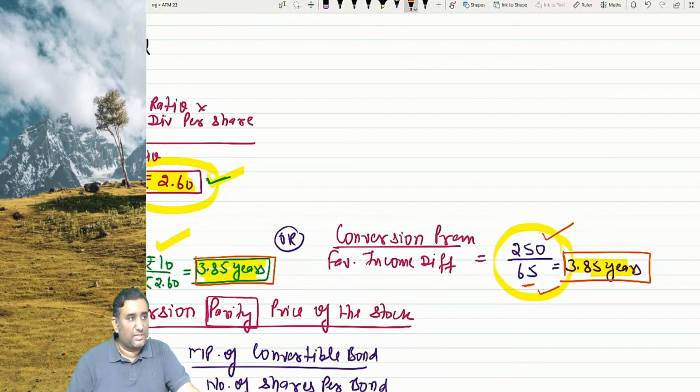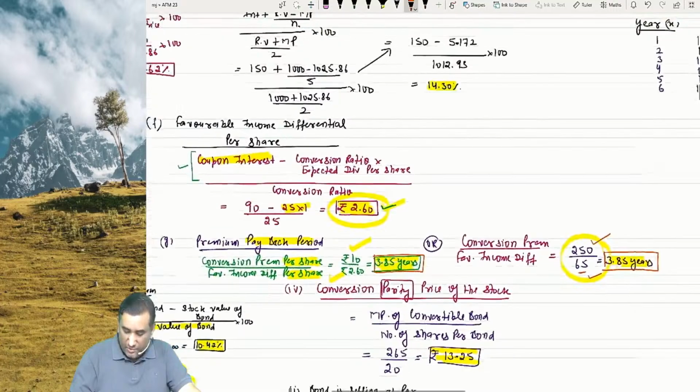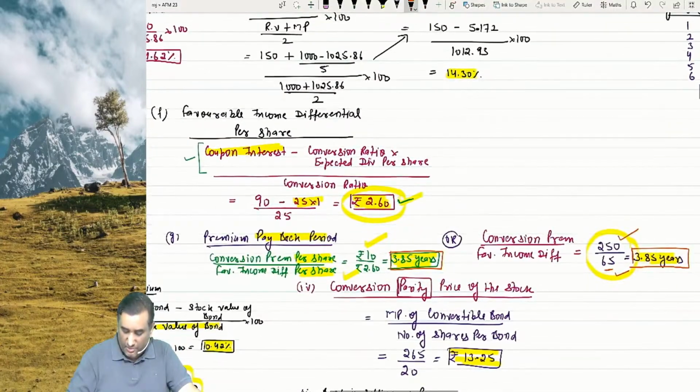These two are new points which come in almost every question. One formula has been given to you. If you want to copy the second one, copy this.